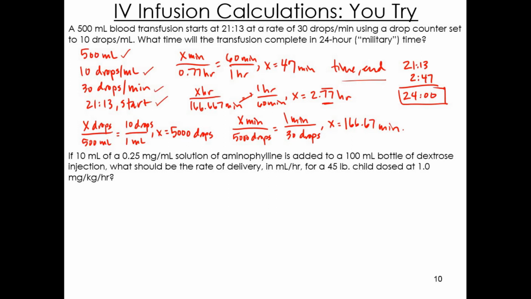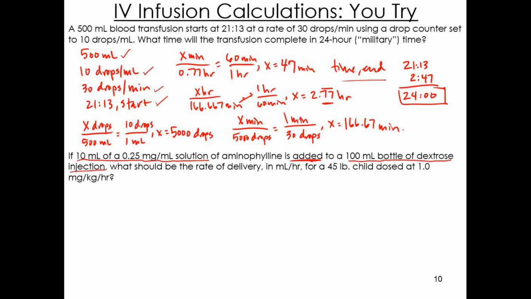Okay, so the final problem is weight-based dosing, and we're also adding a solution to the IV bag. So we have 10 mils of a 0.25 mg per mil solution that's being added to 100 mils of dextrose.